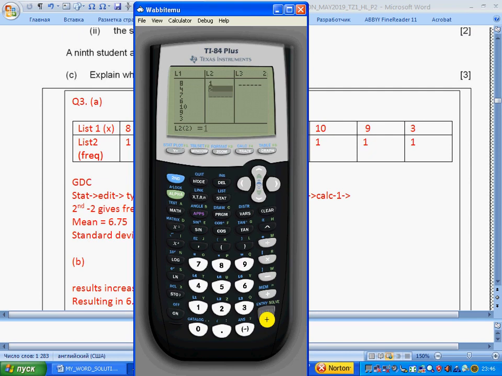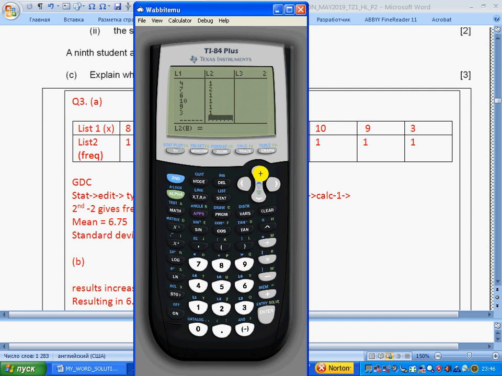You see, it takes some time. So 1, 1, 2, then 1, 1, 1, and the last is 1. So we inserted all the data.